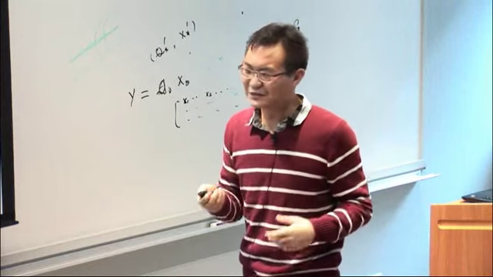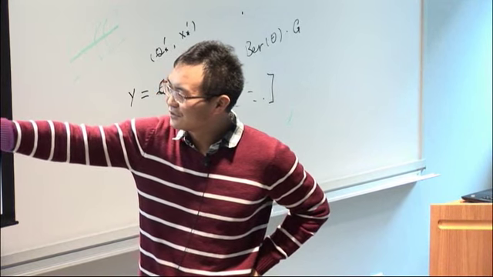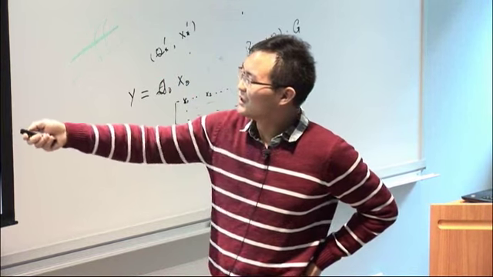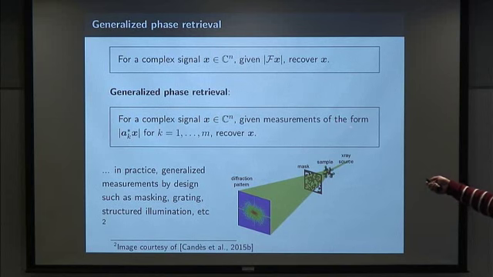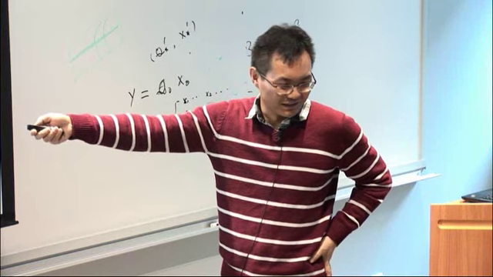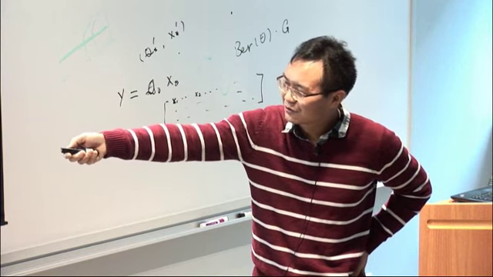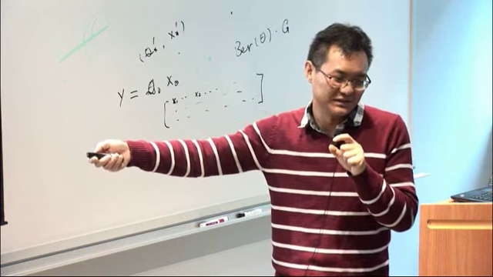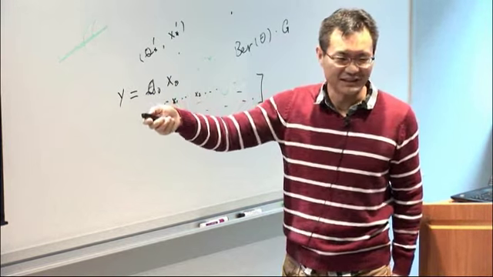Mathematically, what people study is called the generalized phase retrieval problem. For this complex signal X, I take a lot of linear measurements, but I only give you the magnitude. Can you recover the signal X? The Fourier case corresponds to the case where the measurement vectors are the Fourier basis vectors. That's why it's called generalized phase retrieval.